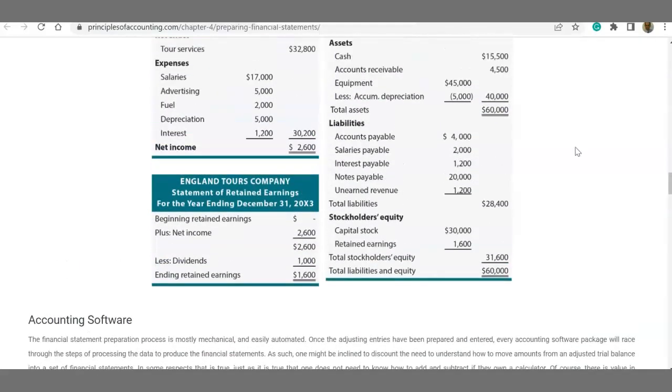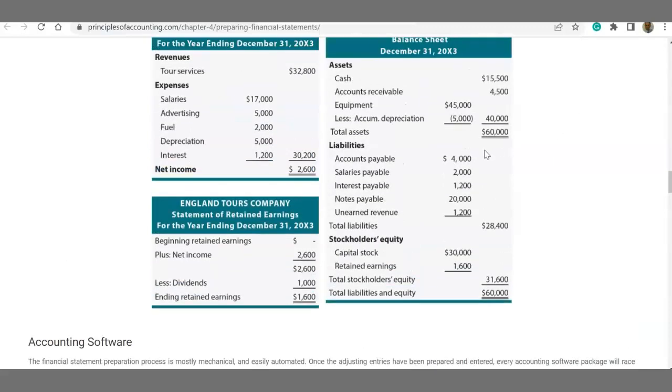How about liabilities? Again, the current liabilities are accounts payable, salary payable, interest payable, those things that need to be paid within the next 12 months or less. Those are current liabilities. They go up first, obviously. And then long-term liabilities, let's say note payable or anything else, go at the bottom.